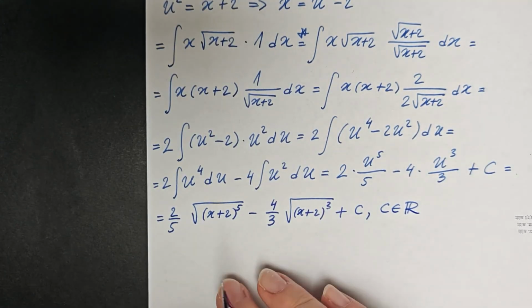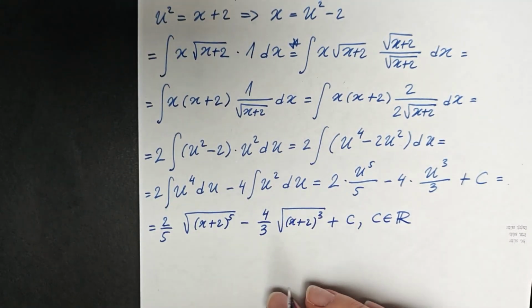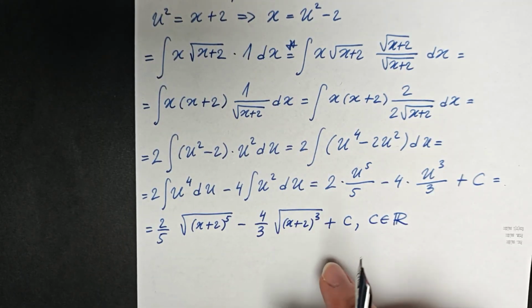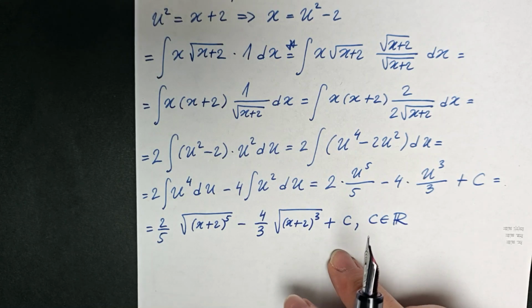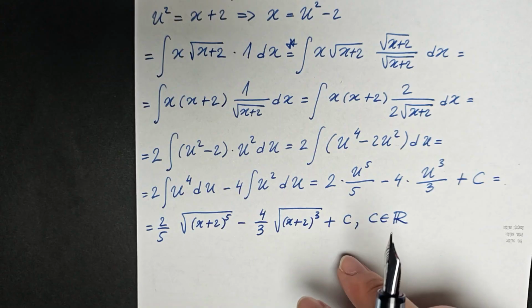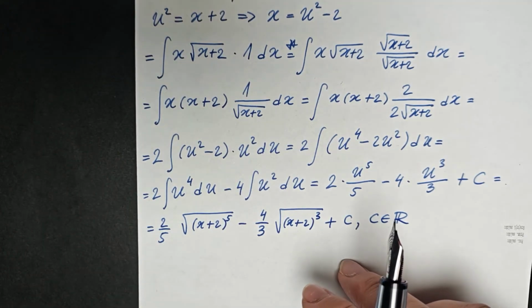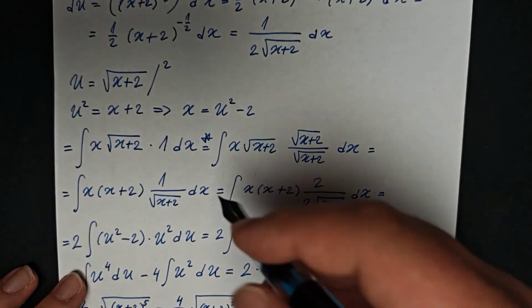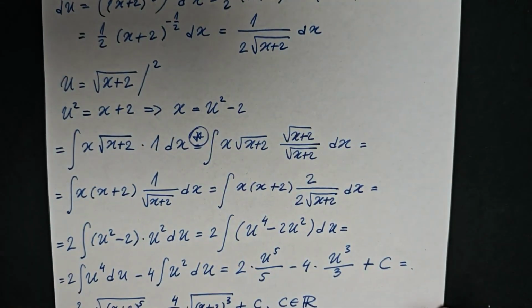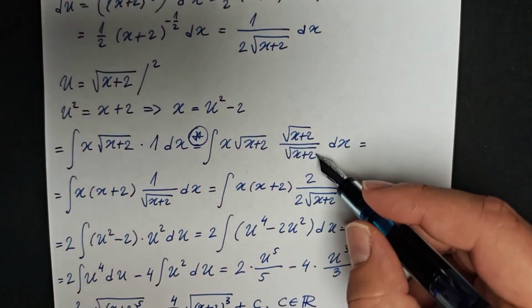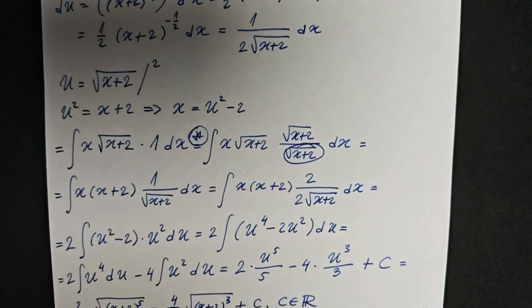The reason why I have insisted on showing you this substitution is because you were able to get the correct solution in this case also. But there is one subtle mistake made in the process of solving this integral by this substitution. And that mistake is right here where I have put this symbol of star. As you can see, at that step we have in this integral a square root of x plus 2 in the denominator.